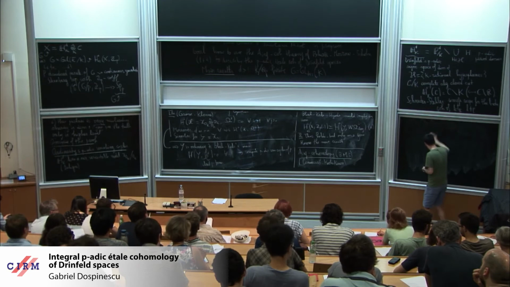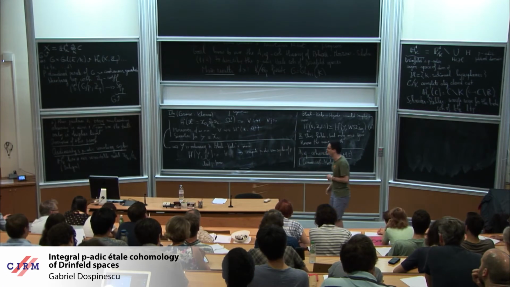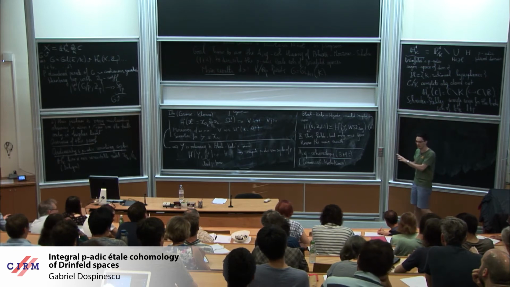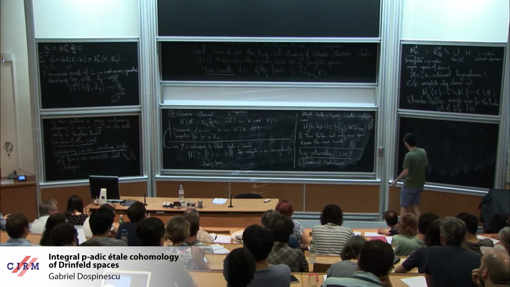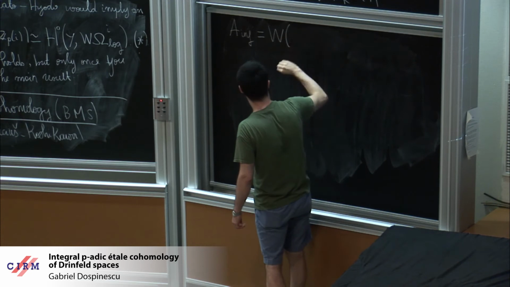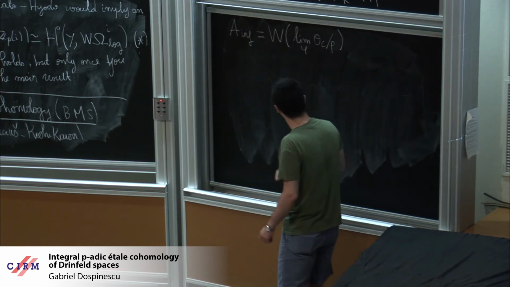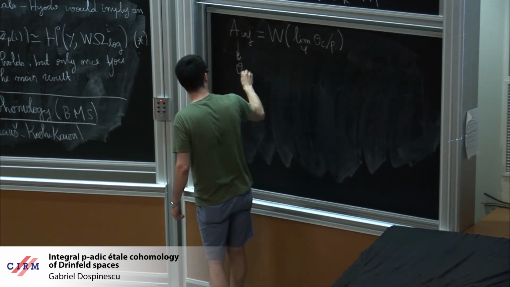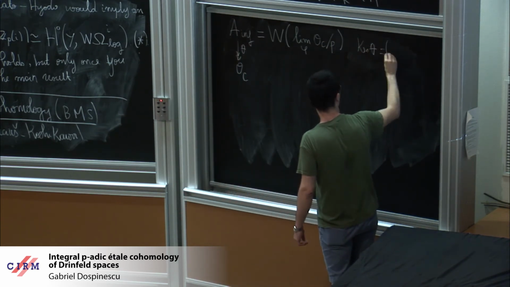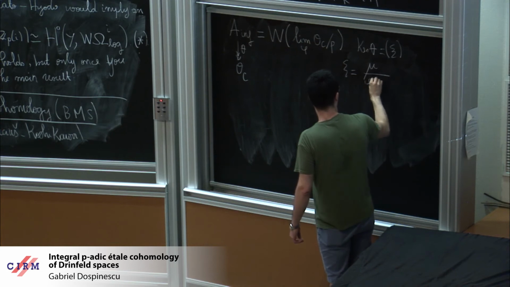So I will not assume that everyone is familiar with the A-inf cohomology. Everyone should be familiar with the syntomic cohomology instead. So let me make some very brief reminders about this A-inf cohomology and only what I need from it. Let me recall that there is this magic Fontaine ring, A-inf, which is the Witt vectors of the perfection of O_C mod p, and that there is a natural surjection to O_C, which is usually called theta, and the kernel of theta is generated by some non-zero divisor xi, which is explicitly mu over phi^-1 of mu.